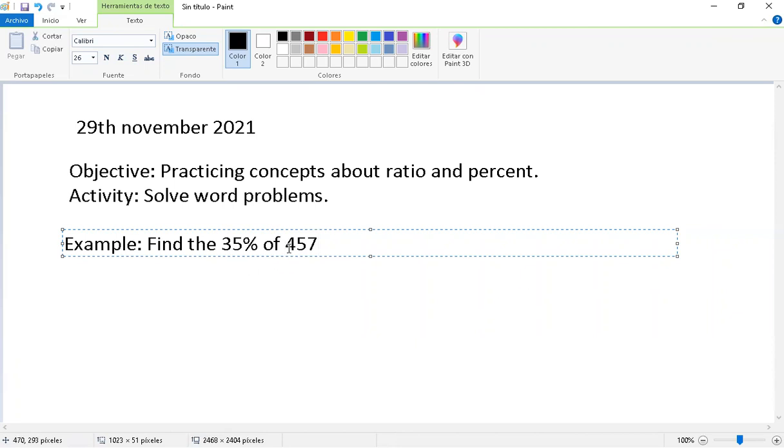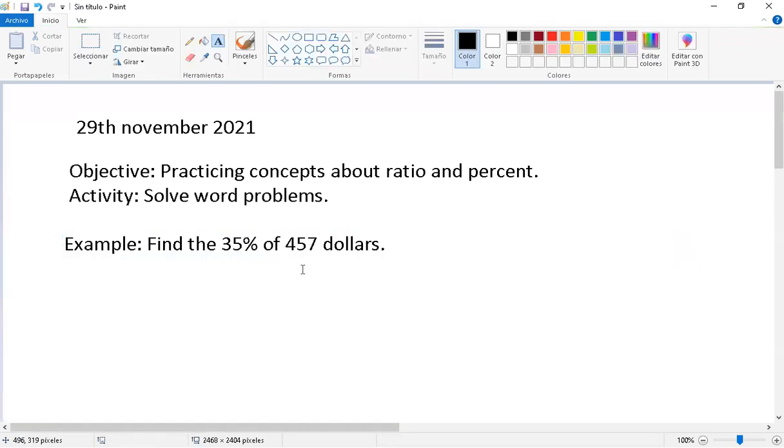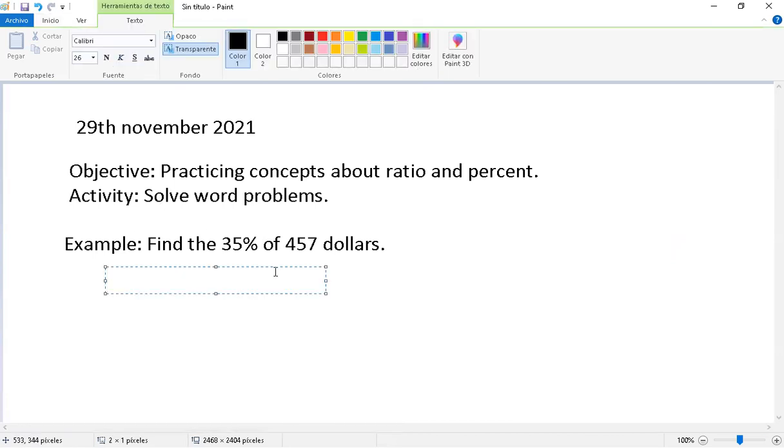This is, for instance, a kind of word problem you are going to find in your test. So they are asking you to find this value. So the idea is to solve the exercise according to this.